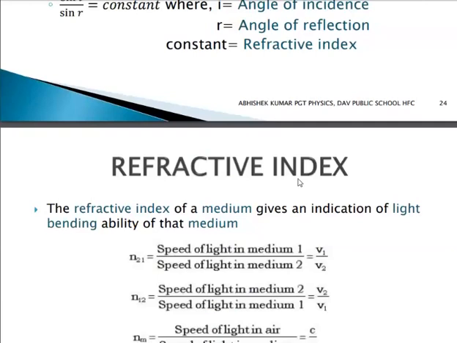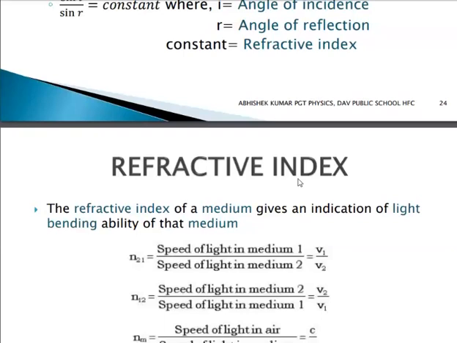That is, a ray of light deviates from its actual path, and how it deviates depends on the property of the material medium, and that property can be mathematically measured as the ratio of the speed of light in one medium to that in the second medium. And this ratio is called refractive index.